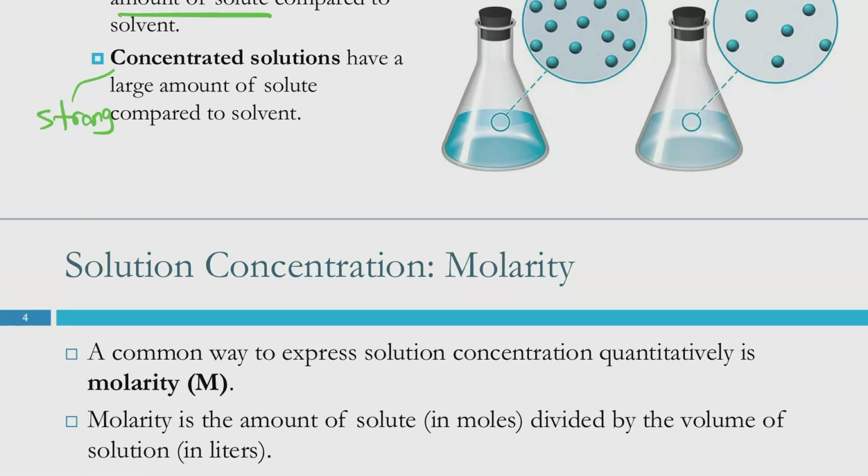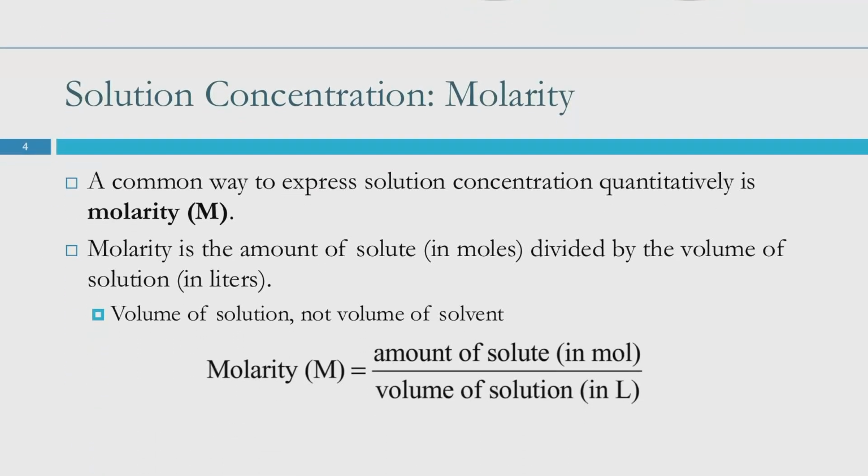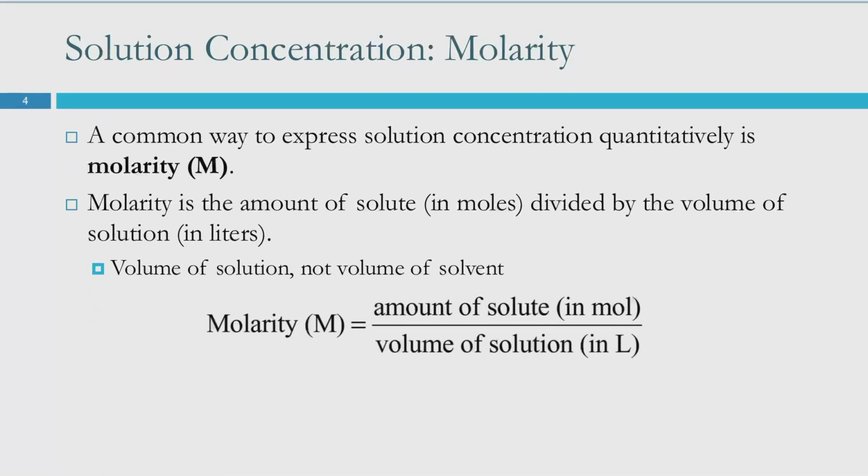We can also quantitatively express solution concentration. We'll often do this with molarity. Meet your new best friend, molarity. Molarity has a symbol, capital M, which is important. So molarity is the amount of solute in moles divided by the volume of solution in liters.